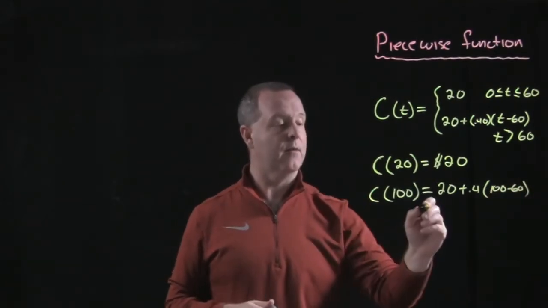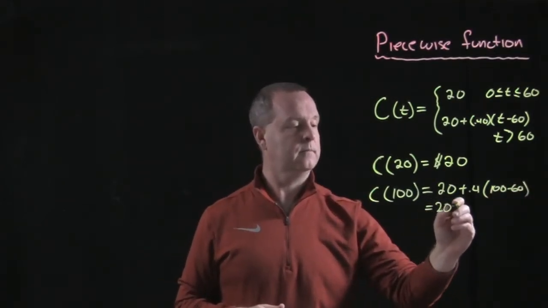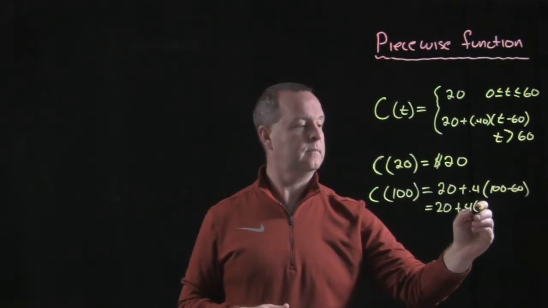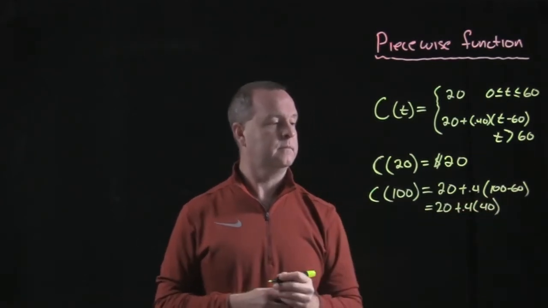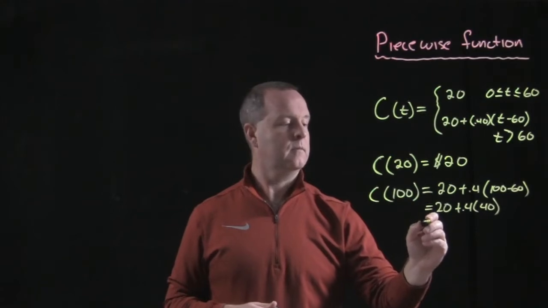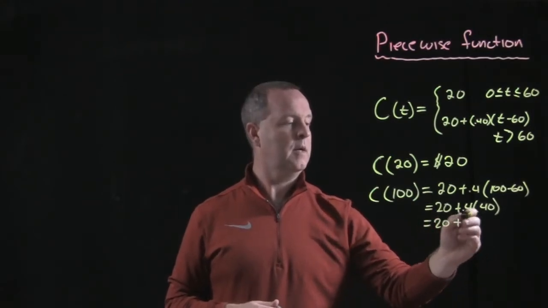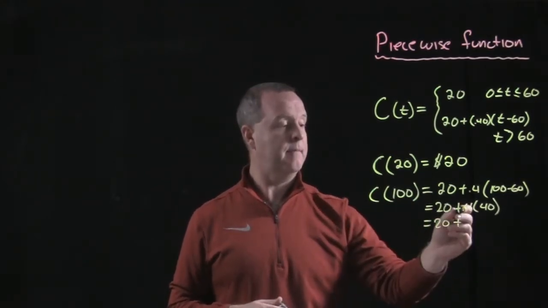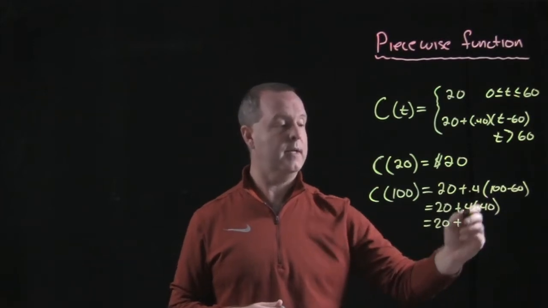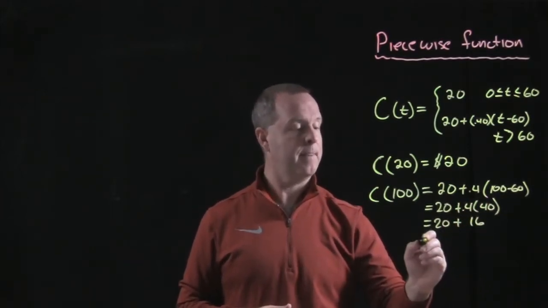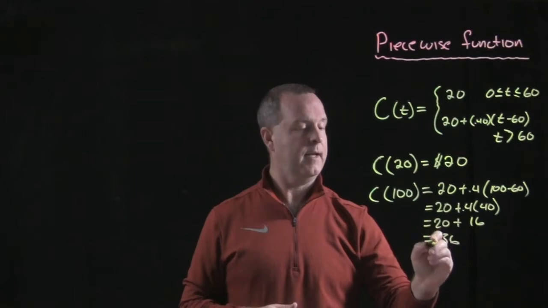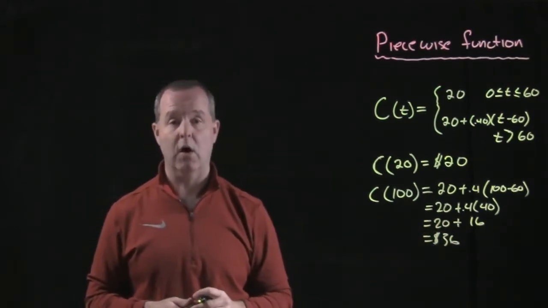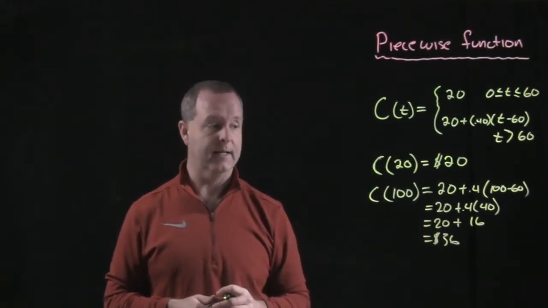And now I'll work that down. 0.4 times 40, 4 times 4 is 16, move the decimal, 16. And I get a cost of $36 for that particular case.